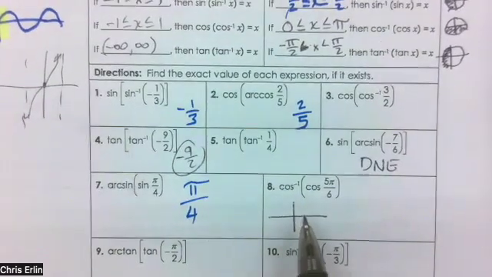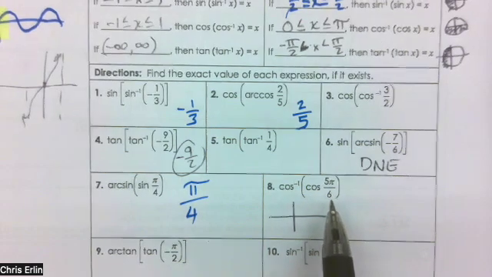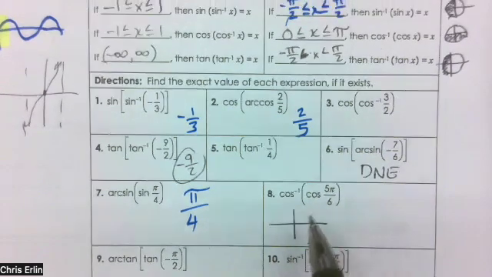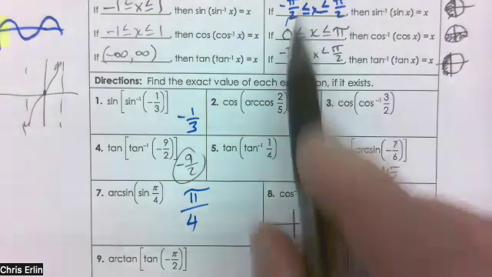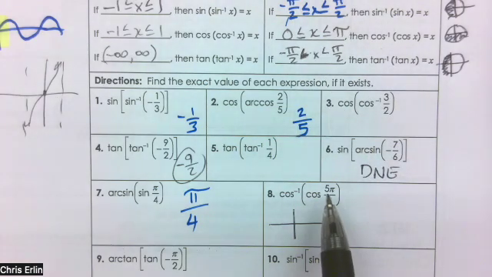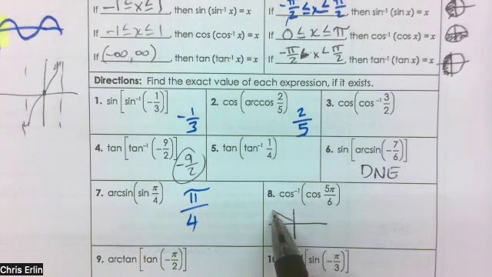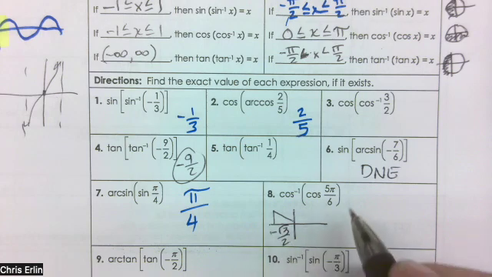But now let's move down here. What about inverse cosine of cosine 5π/6? So I'd start by looking at my picture. You can look up here and just decide. 5π/6 is over here, right? And so what is the cosine of this value? I know the storm is distracting, but it's negative root 3 over 2, right?